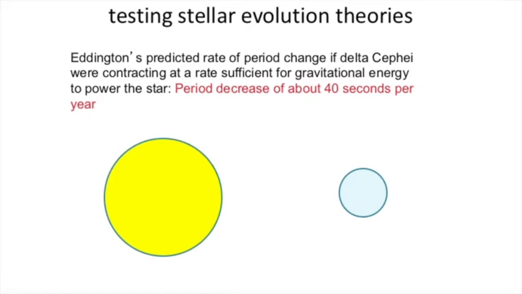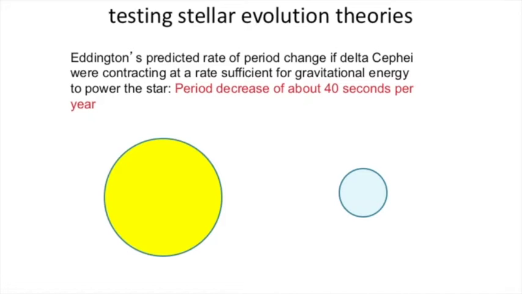The star would be slowly shrinking, it would give up some of its gravitational energy, which would be radiated away as energy. This could power a star. So as soon as he gets to thinking about stellar pulsation, Eddington says, what can we say from stellar pulsation about the energy sources of stars?